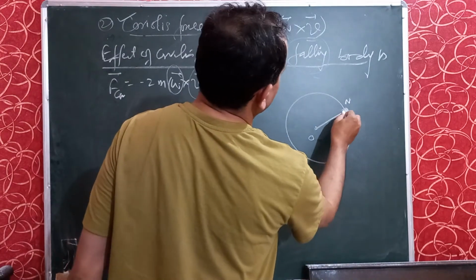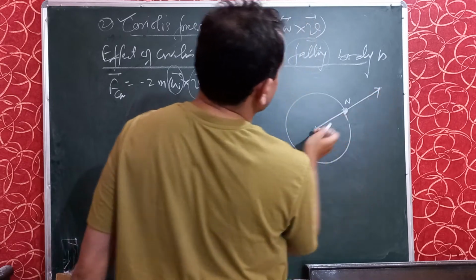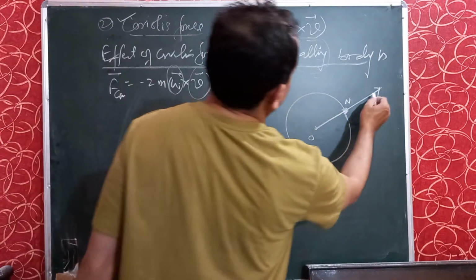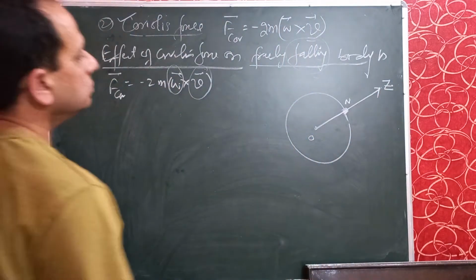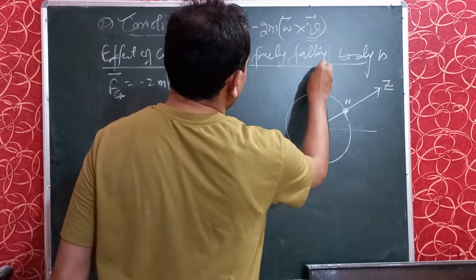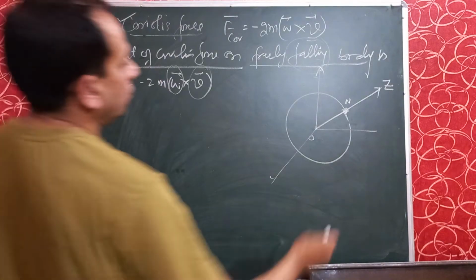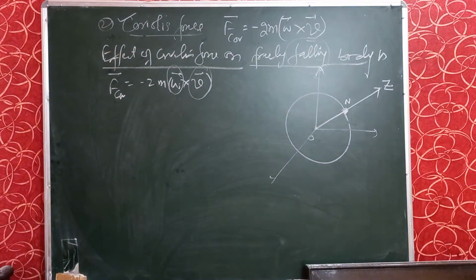So we have to draw the direction of the vector along the line joining O and n. So this axis is z axis. There are three axes which we already considered, but now we will not consider these axes in this case.